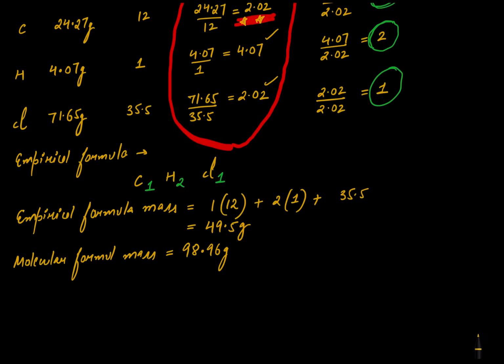So let us calculate n. My n comes out to be molecular formula mass divided by empirical formula mass. It comes out to be 98.96 divided by 49.5, and this value comes out to be 2.